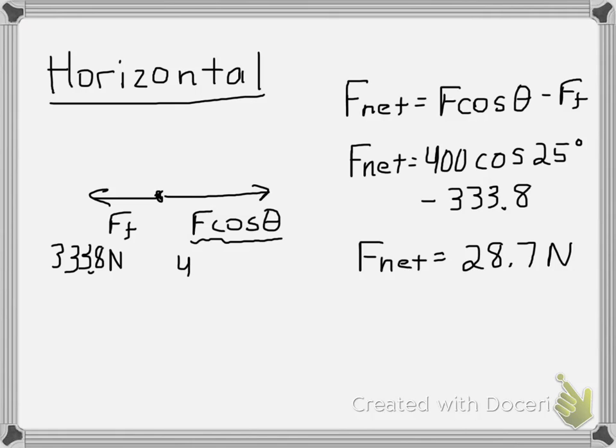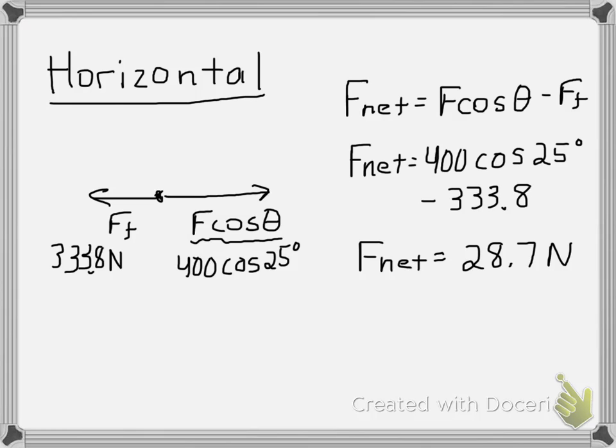This is 400 times the cosine of 25. Okay, so in this case, I can't say that the net force is 0. I don't know that. The only way I would know that is if I knew the acceleration were 0, which means it's either stationary or moving with a constant velocity. But I don't know that.